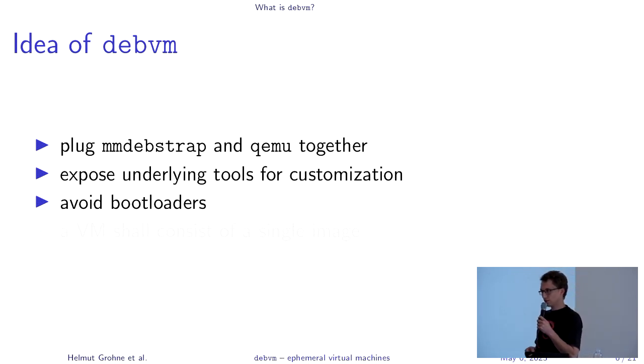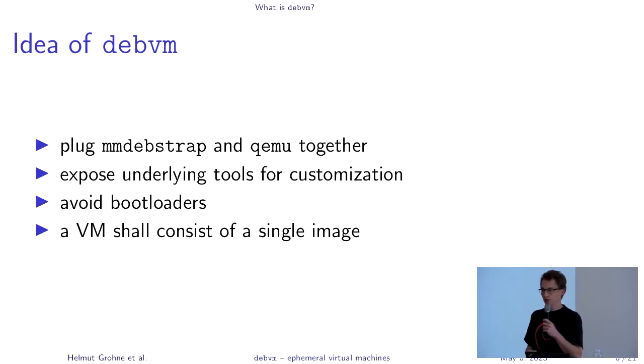Instead debvm uses QEMU as bootloader, so it plugs a kernel image and an initrd directly into QEMU, and that way avoids this entertaining topic altogether. And the final thought here is I want to represent a VM as a single file, and that single file is the file system image, and everything is in there, well, except for the bootloader.